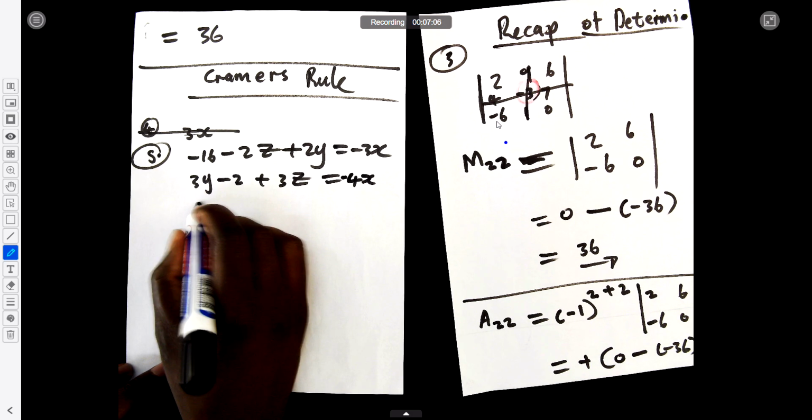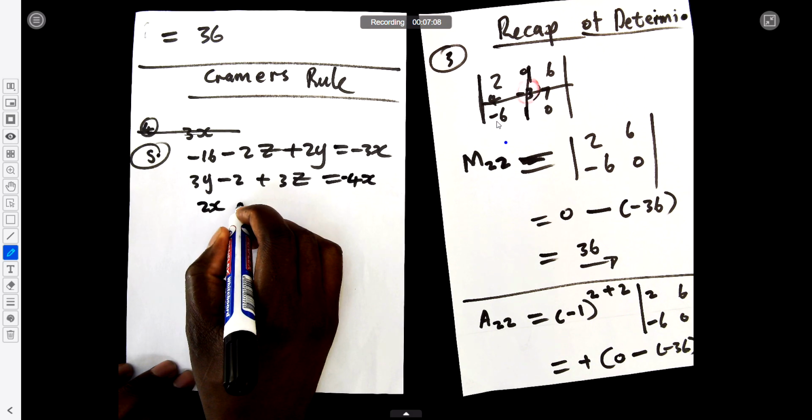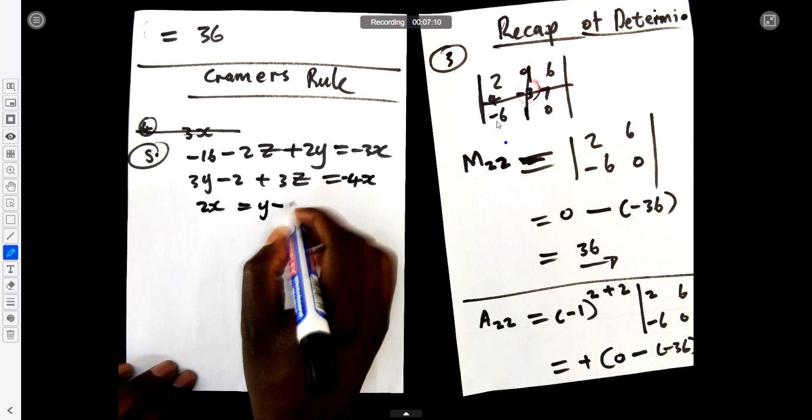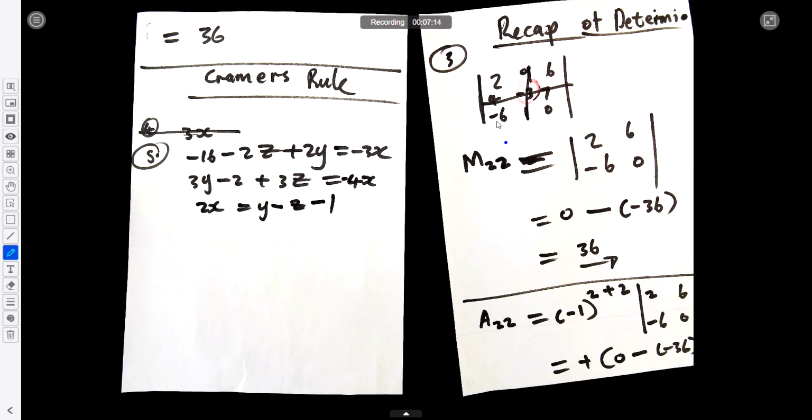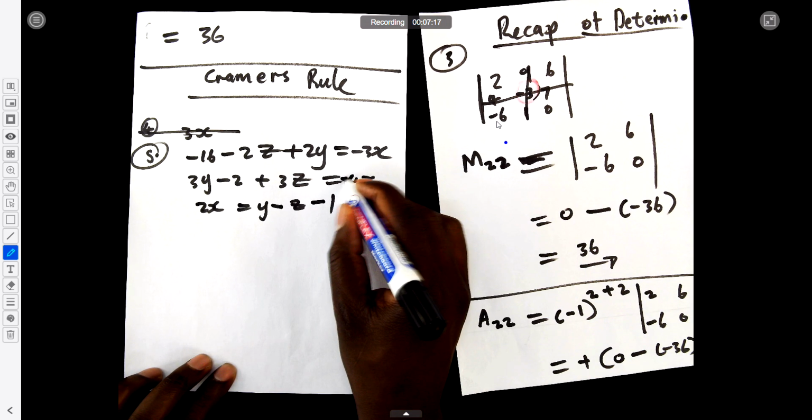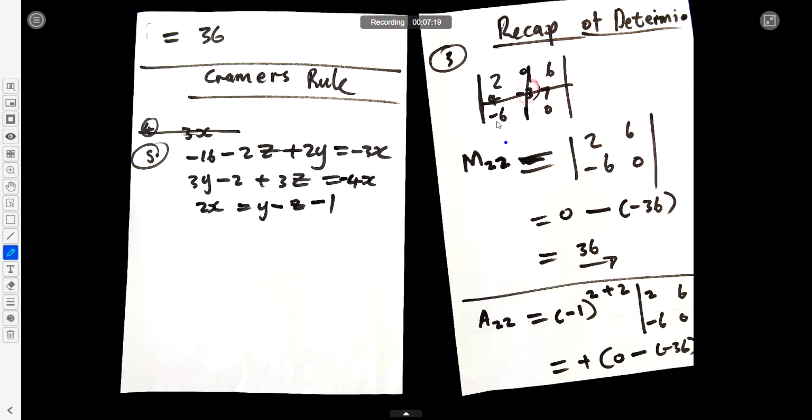The other one, we have 2x equals to y minus z minus 1. Okay, that negative is not that clear. So let's have negative 16 minus 2z plus 2y equals to negative 2x.